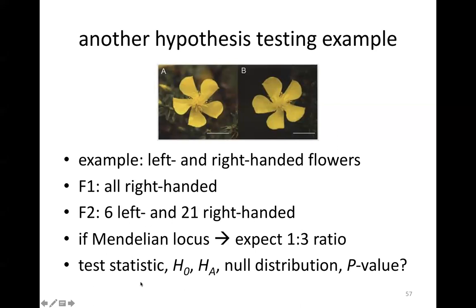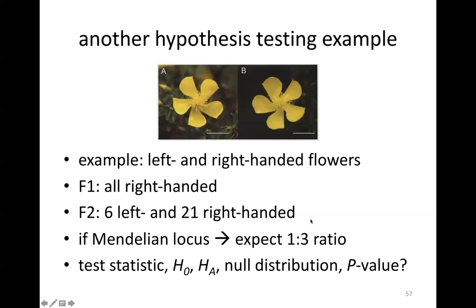So in this case, what would be our test statistic, the null hypothesis, the alternative hypothesis, the null distribution, and the p-value? Well, the test statistic would be the proportion of left or right-handed flowers, it wouldn't matter, or the numbers out of 27. The null hypothesis would be that these numbers out of 27 follow the 1 to 3 ratio.